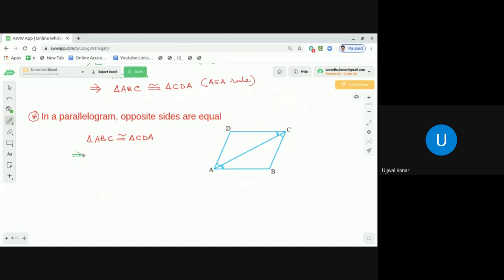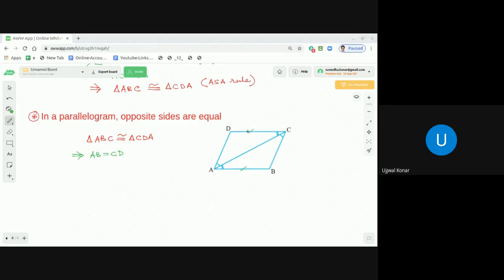From here, what you can conclude is that AB is equal to CD, because these are the corresponding sides of the two triangles. So this is AB and this is CD.